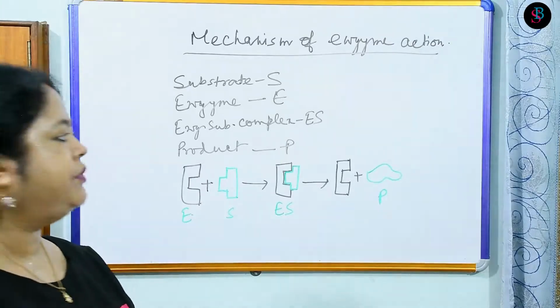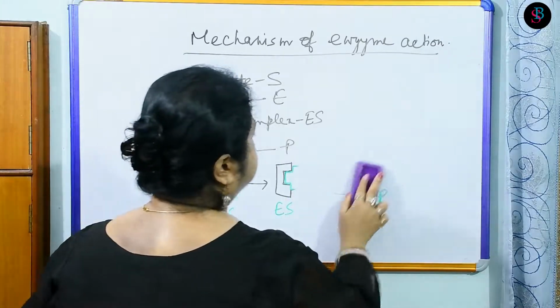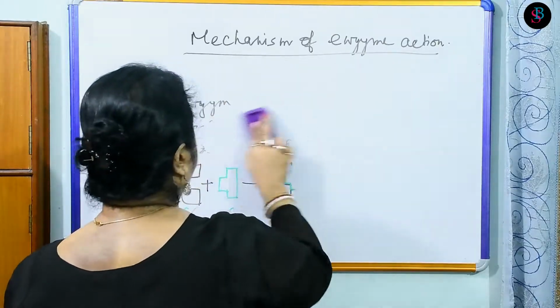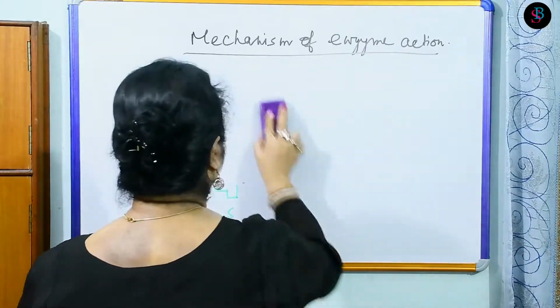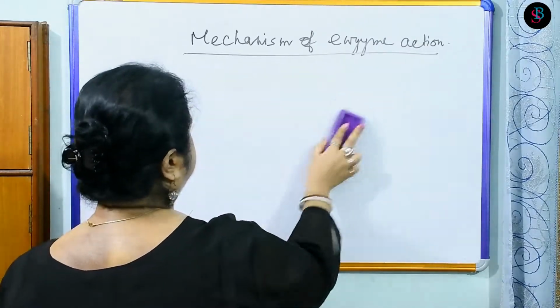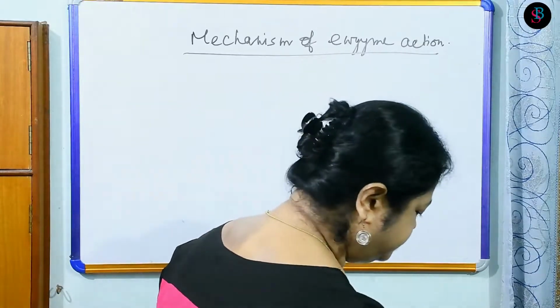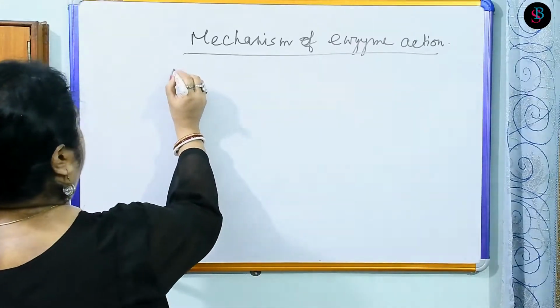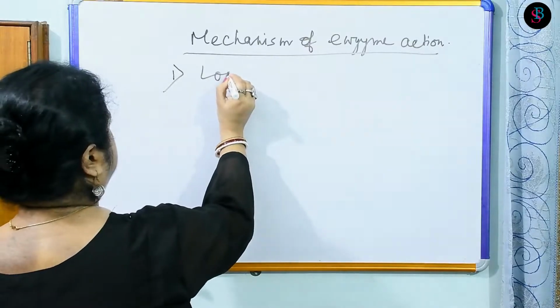And now I am giving you some models or hypothesis about this. There are two very prominent hypothesis or theory about this. Number one is lock and key hypothesis.